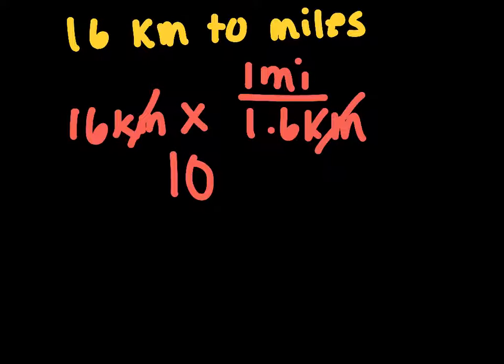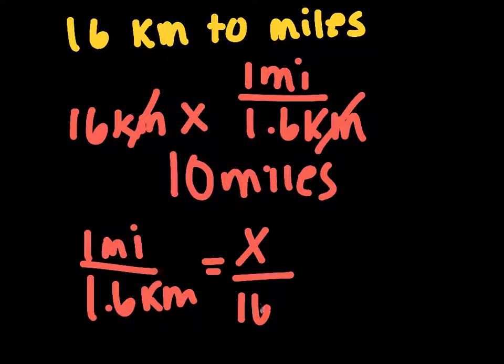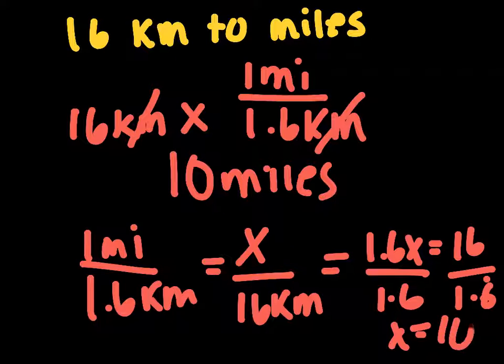Then you just have the miles left over, so it becomes about 10 miles. Using the proportion, you would put 1 mile over 1.6 kilometers is equal to x miles over 16 kilometers. Cross multiply and you get 1.6x equals 16. Divide by 1.6, divide by 1.6, x equals 10. And you know it's 10 miles because that's what we were looking for.